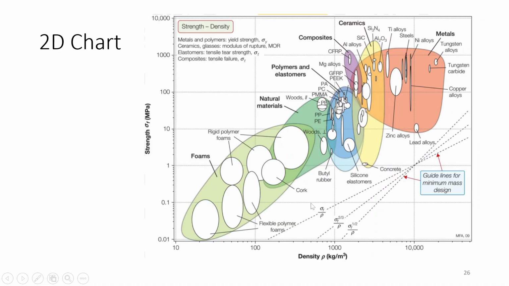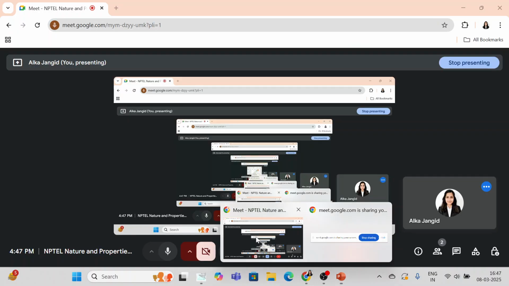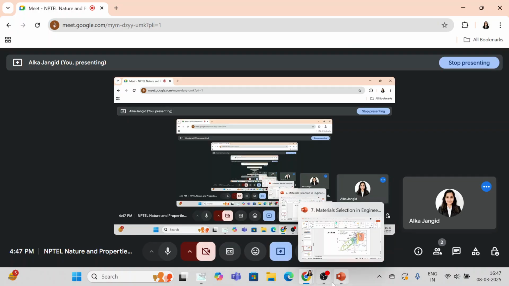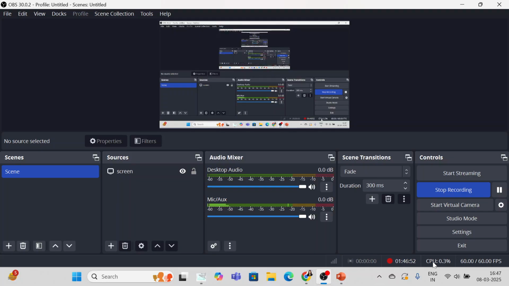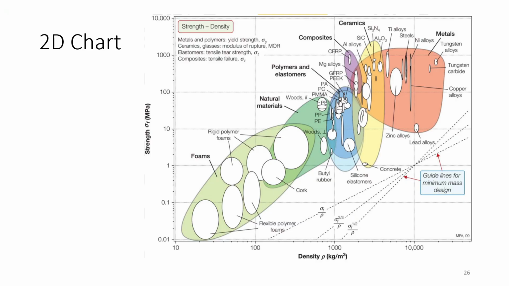So if you are trying to find any particular property, say the material should be light, then you will choose a material falling in this particular region.